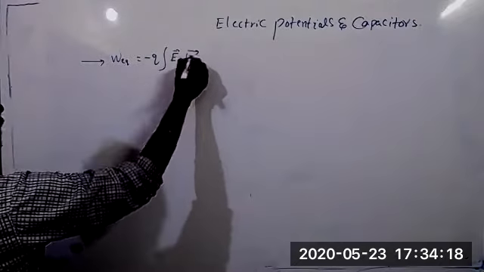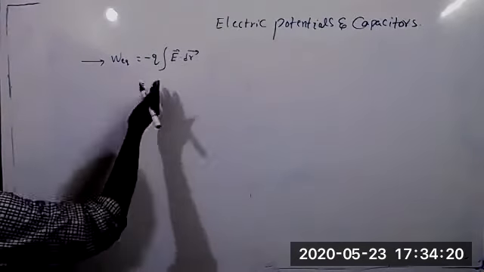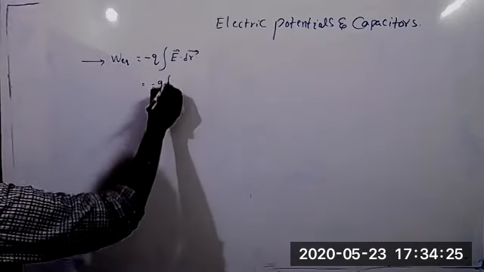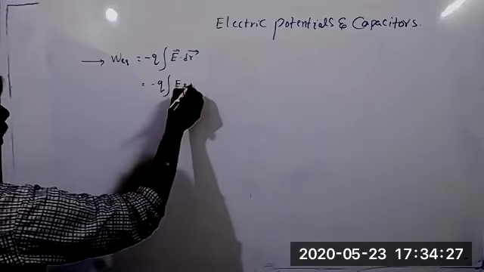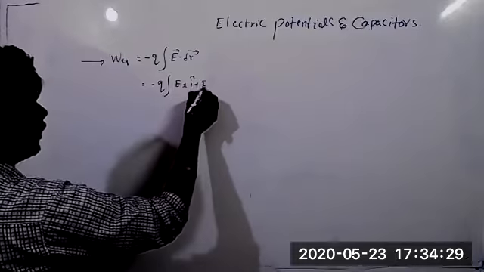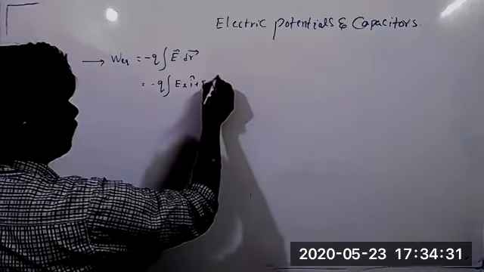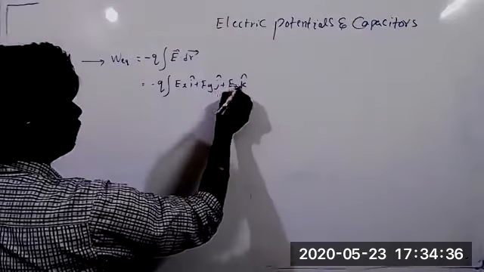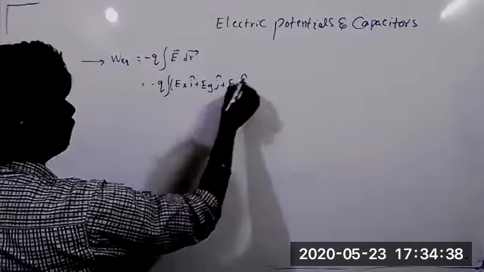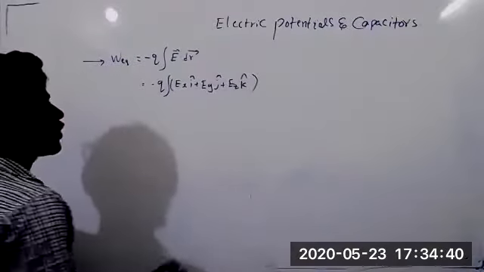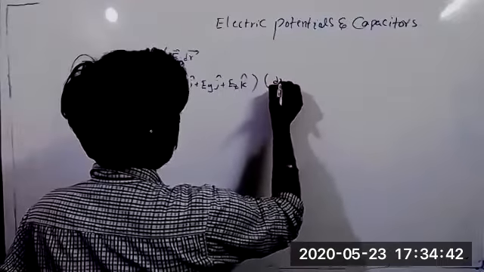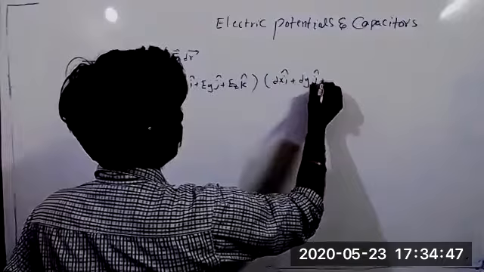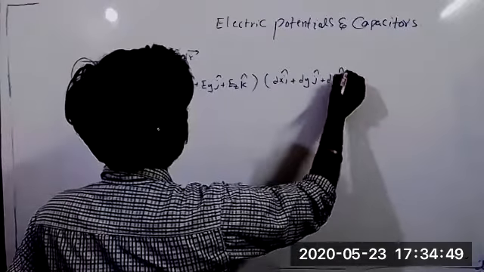Vector quantity, where is the vector quantity? Now this formula we have changed previously, like minus Q Ex i cap plus Ey j cap plus Ez k cap. Even the position vector we can change, like dx i cap, dy j cap, dz k cap.